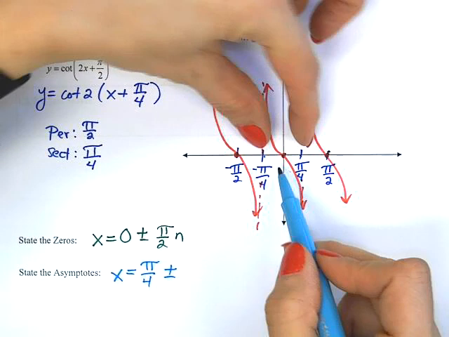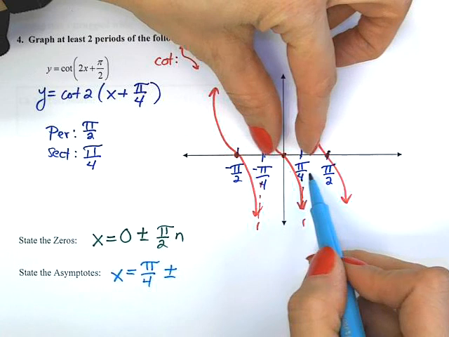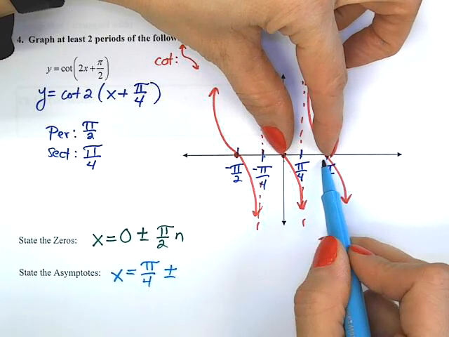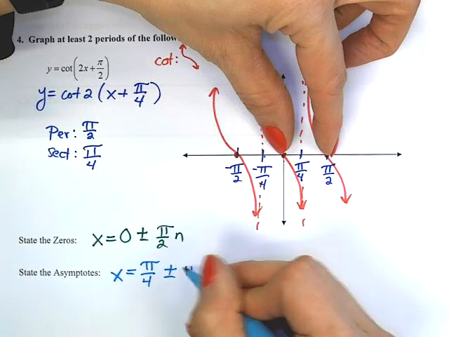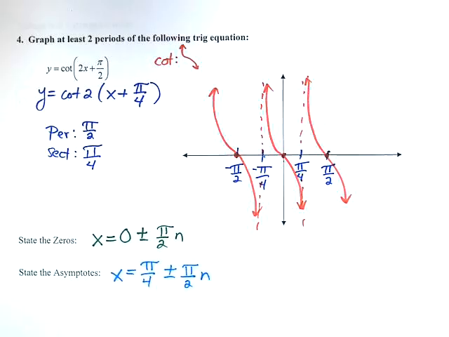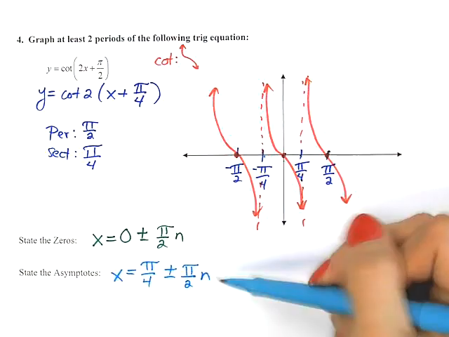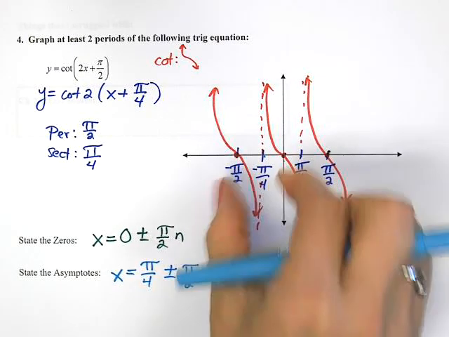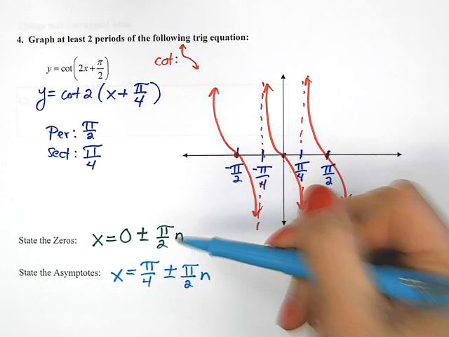I really liked the technique where I just slid my fingers and said, well, two sections is a distance of pi over 2, and that's n. And I remember when we studied tangent, cotangent, there was a lot of repeating pattern business going on between the sections here because of every other one.